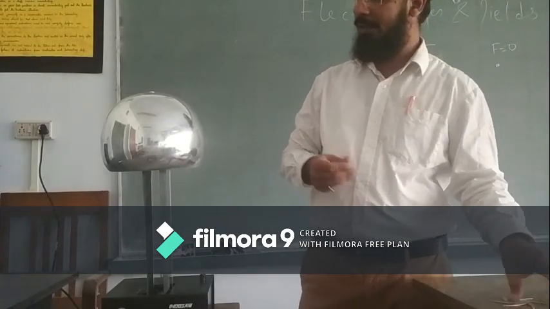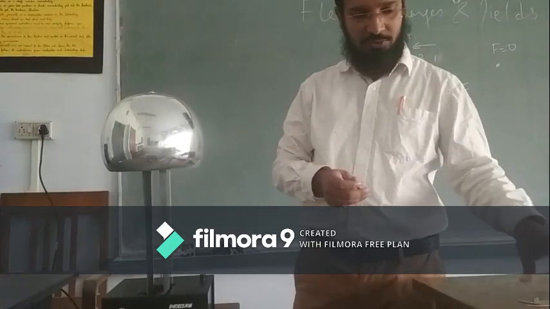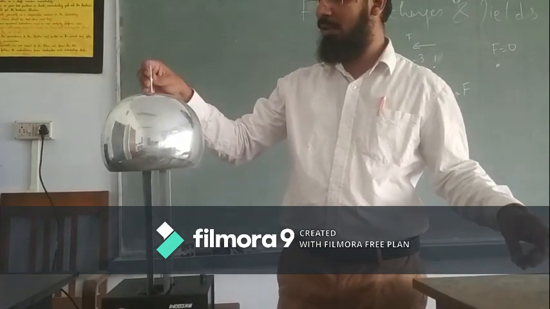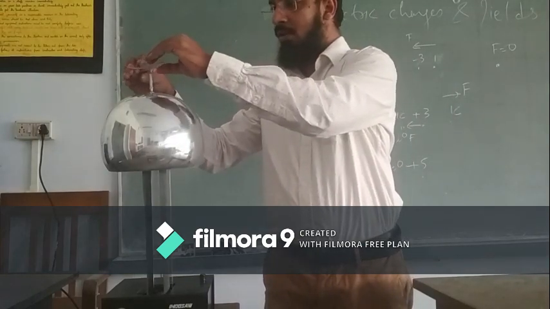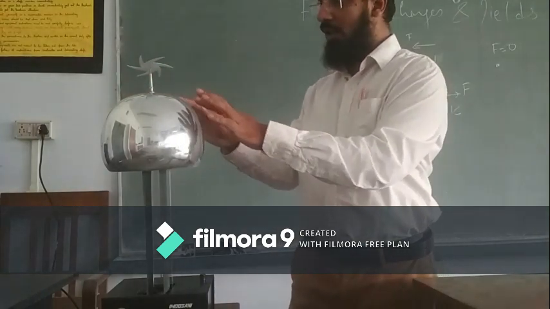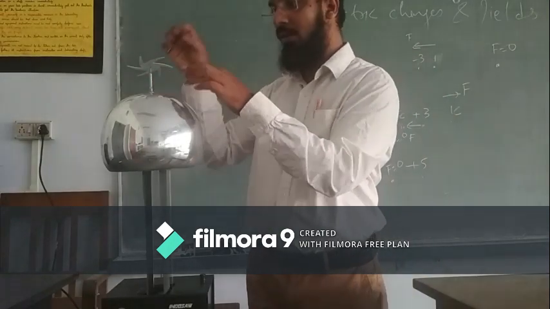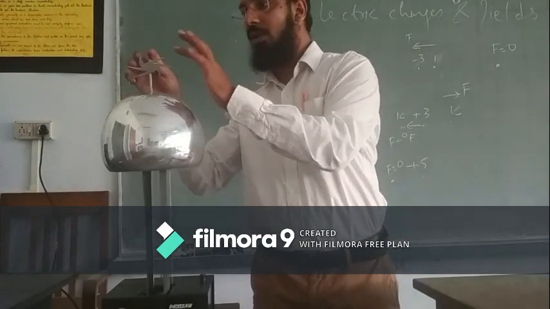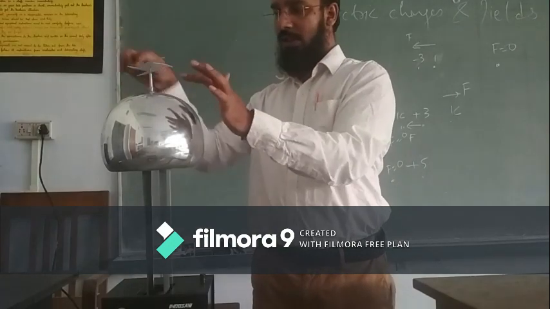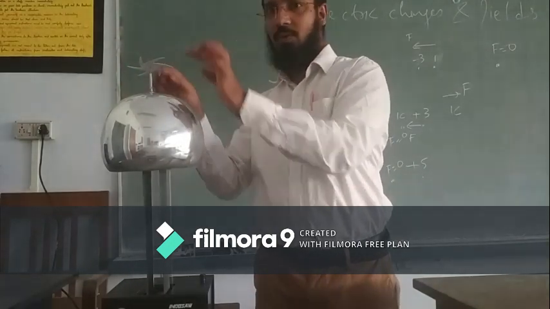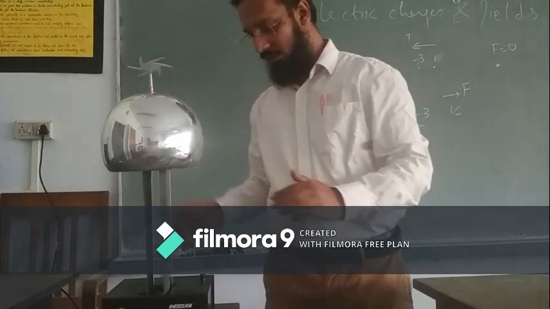Now what I'll do is I will charge this first, and I put this pointed wheel up over here. When this gets charged, the wheel will also get the charge of the Van de Graaff, and because of which the wheels will start rotating as these both will have the same charges, so they will repel each other.